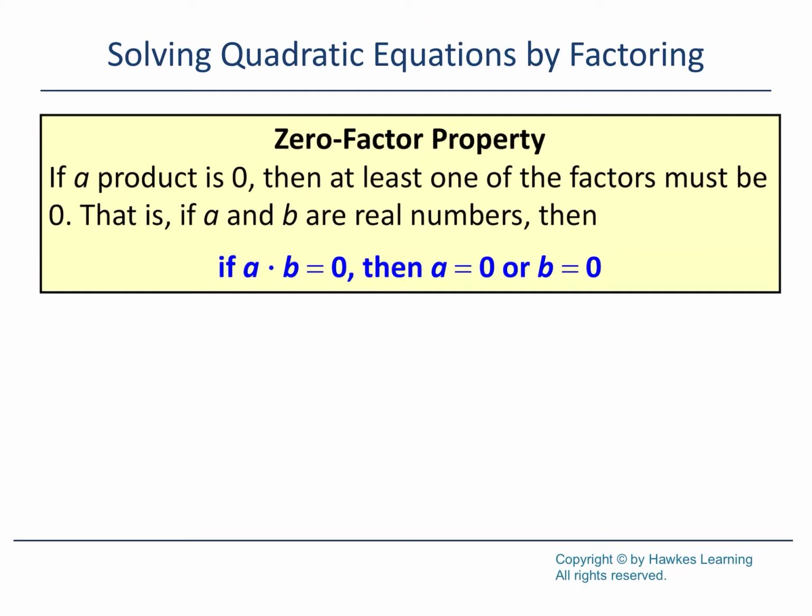That's the only way. Now, we all know that 0 times anything is 0, but it goes even farther. It goes the other way. If you multiply two things together and get 0, the only way you did that is if one of those were 0. And so that is a really powerful idea.